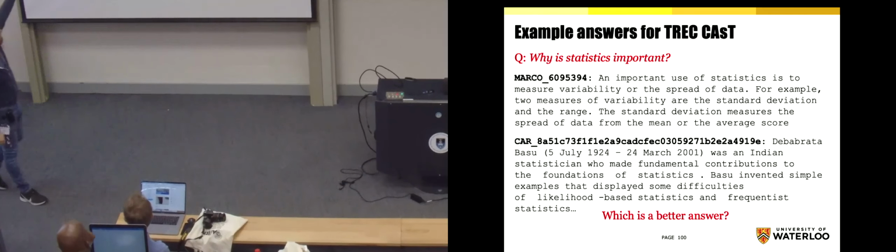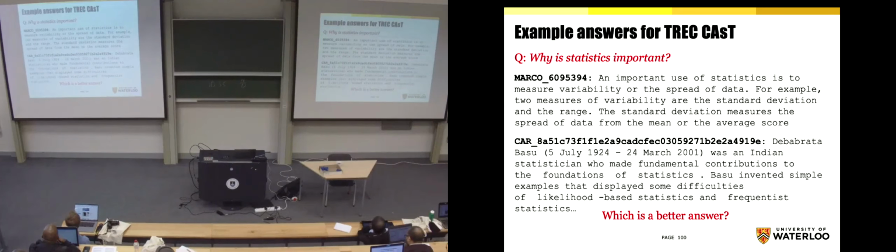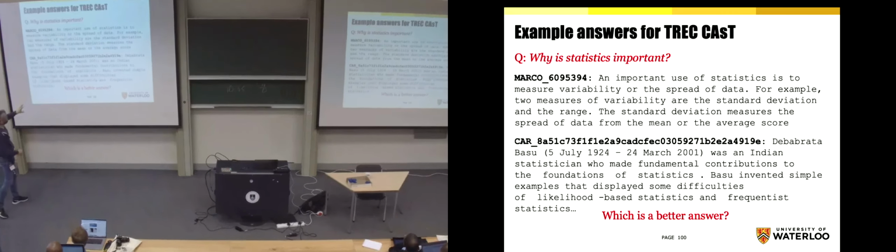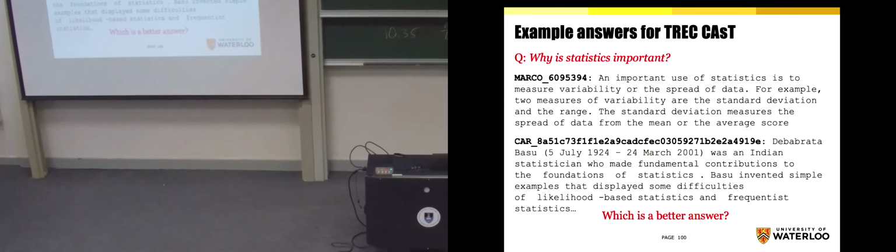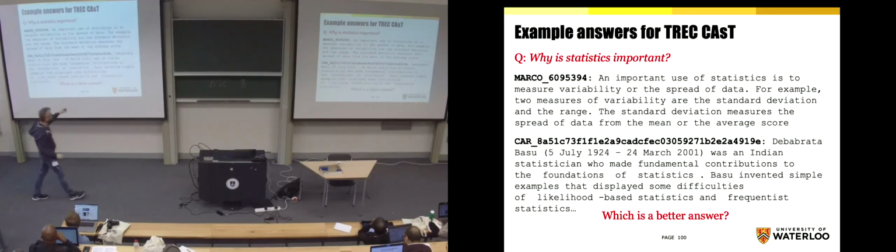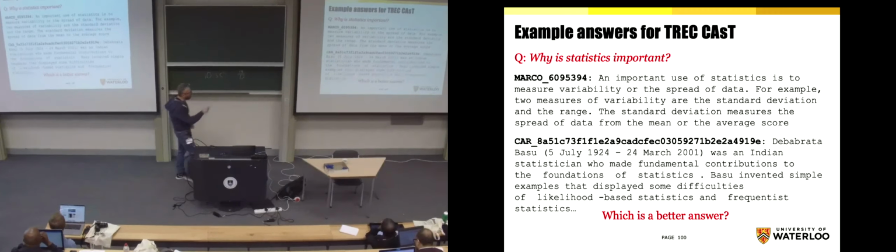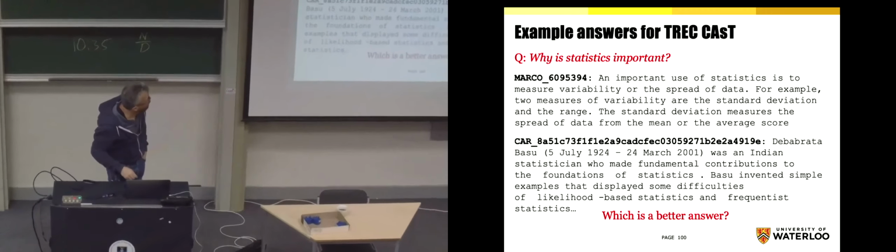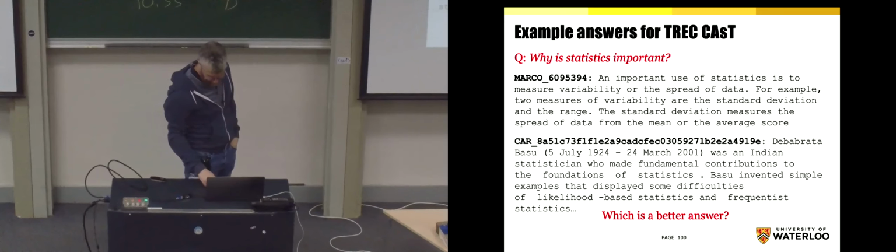So here's a typical question for this, and this is what the human labelers do. They look at these questions and say, okay, that one answers it completely. That's a good one. This one is about statistics, so it's not completely wrong, but it's just okay. It's about a particular statistician.